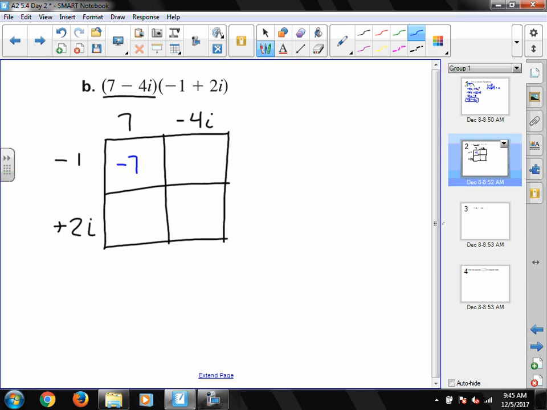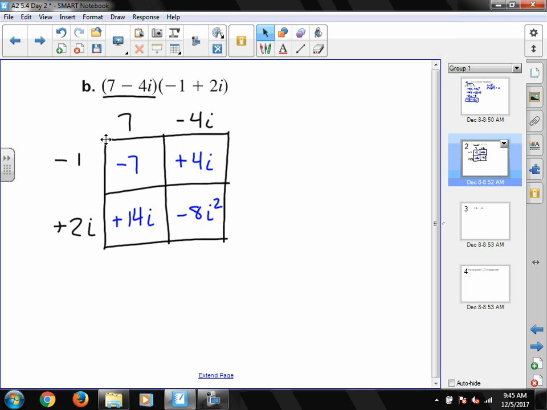I'm going to take negative 1 times a negative 4i, I'm going to get a positive 4i. If I take 7 times a positive 2i, I'm going to get a positive 14i. And 2i times negative 4i means I'm going to get negative 8i squared.